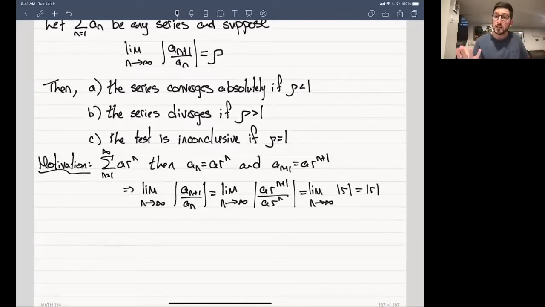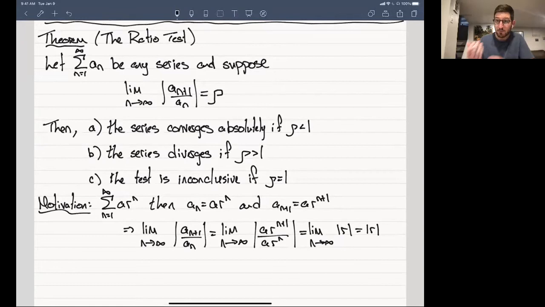But we've already seen that geometric series converge when the ratio r is smaller than 1. So this is sort of where the ratio test is finding its basis. It is basically saying that you have similar phenomena to the geometric series here.